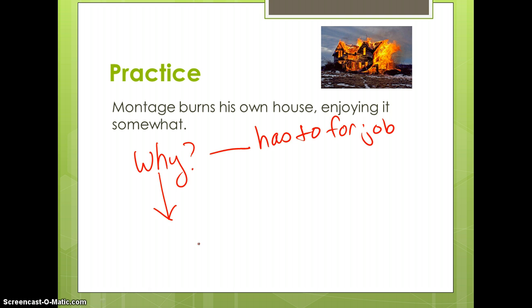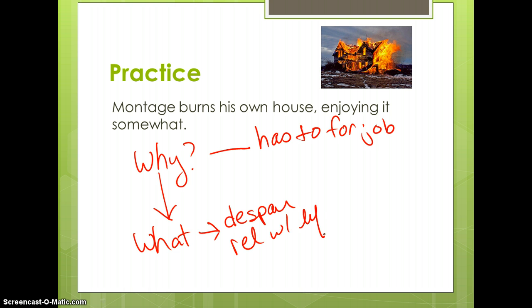Well, first of all, we have to ask, what does his house mean to him? And his house, is this a place of happiness or is it a place of despair? And it really is more of this house that he just dreads going to. It represents the relationship he has with his wife. And it's also lifeless altogether.